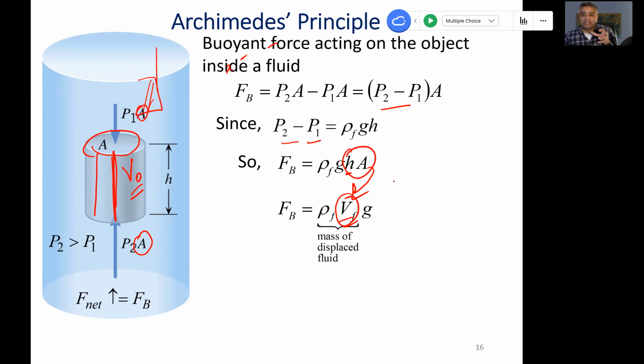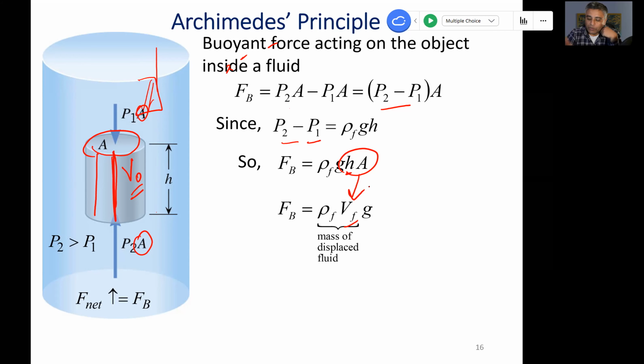Let's say you have water in a cylinder, and you put some object inside the cylinder, and the water level rises. So the change in water level is exactly the same as the volume of the object. You can actually use that method to measure the volume, right? So the volume of the object is the same as the volume of fluid that gets displaced when the object takes the place of part of the fluid.